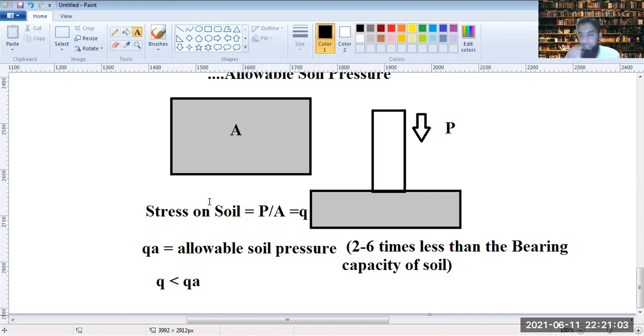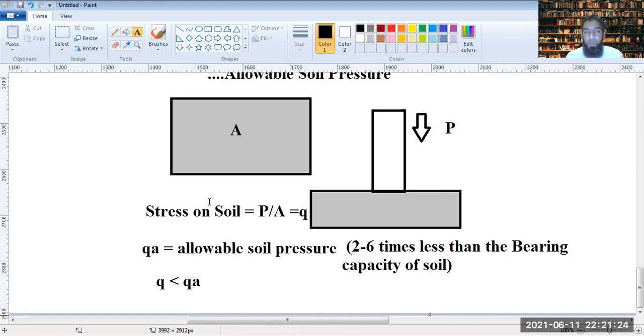That means the stresses exerted as per the service load conditions from the structure onto the foundation and thereby onto the soil should be less than QA, where QA is the allowable soil pressure, taking into account the safety factors for the design.